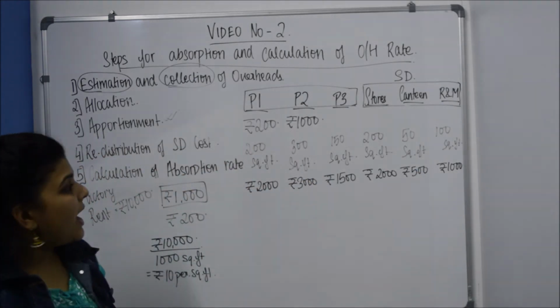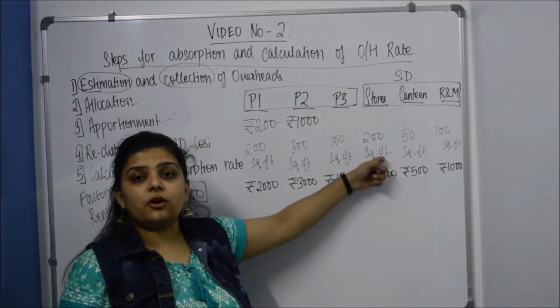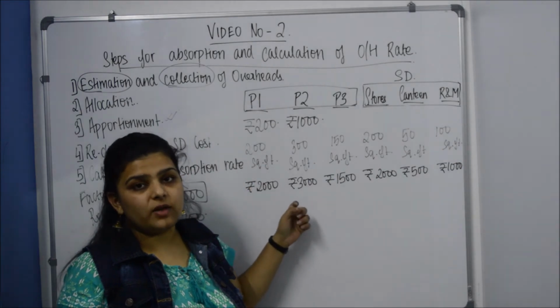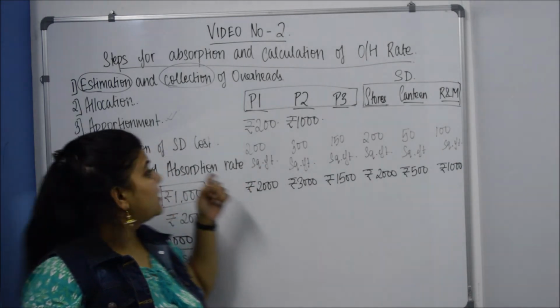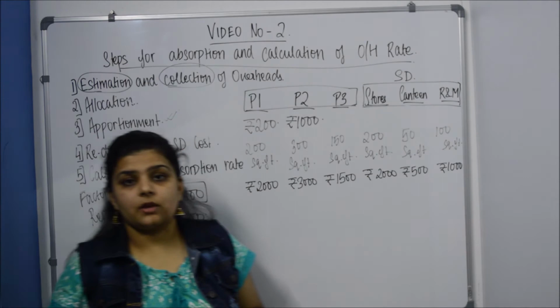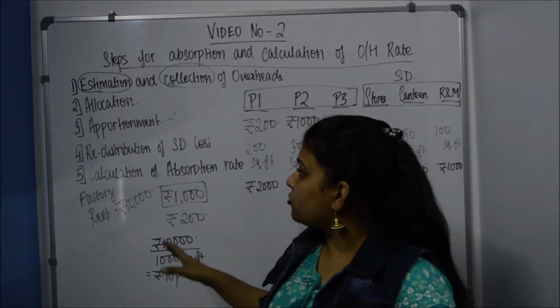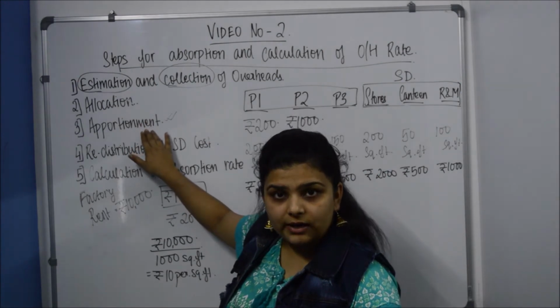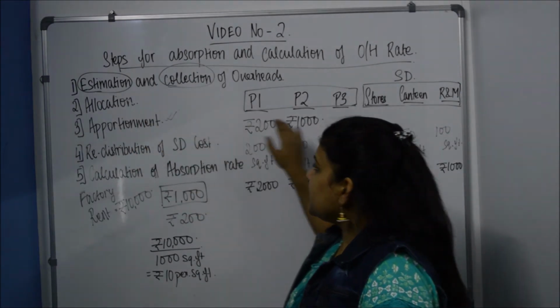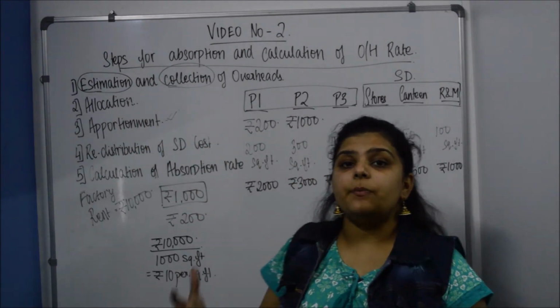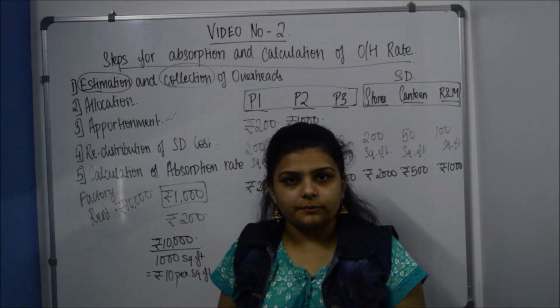What did I do? I have taken a basis for the distribution of this overhead. That is known as apportionment. What is apportionment? Apportionment is the distribution of overhead cost between the departments taking a particular basis.